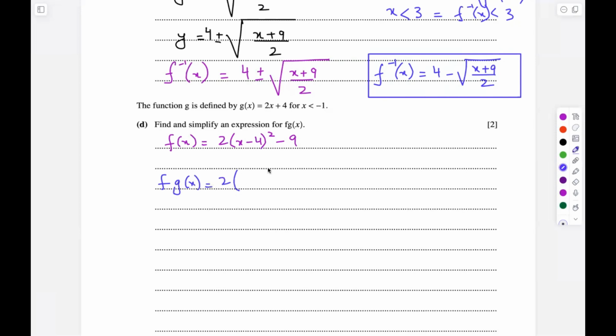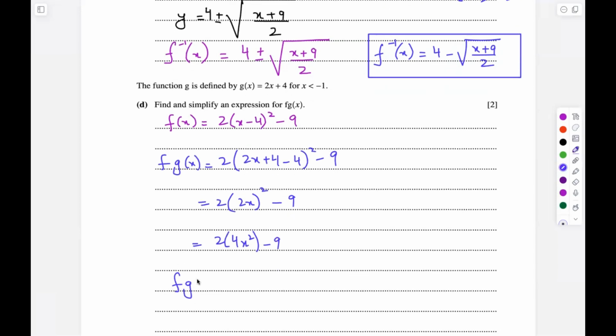As g is 2x plus 4, we can write 2x plus 4 in place of x in 2 into x minus 4 whole squared minus 9. So this will be equal to 2 into 2x plus 4 minus 4, which becomes 0. So this will be 2 into 2x whole squared minus 9. 2x whole squared will become 4x squared. So the final answer for fg of x will be equal to 8x squared minus 9.